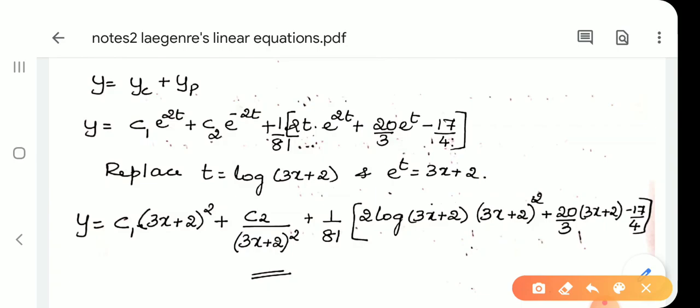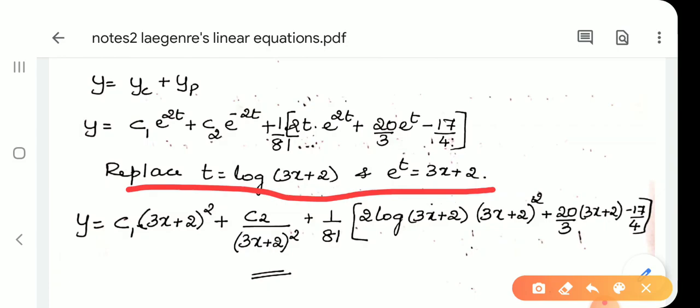Since now we have got the answer in terms of t, we will replace t by the substitution we have taken. We will replace t by log of 3x plus 2 and e power t we write it as 3x plus 2.